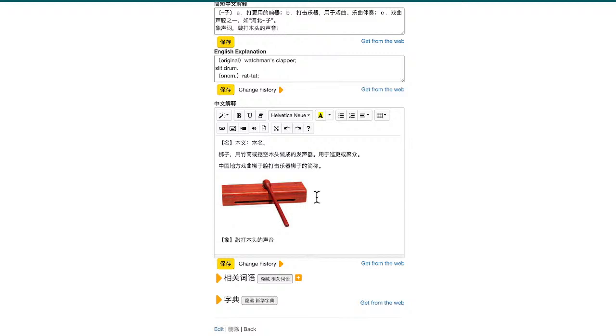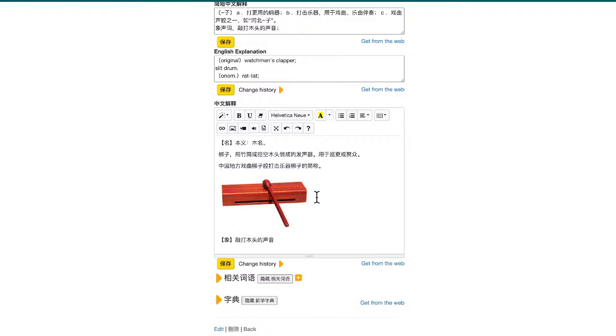So why is it a watchman's clapper? Because this is a job in the ancient times, where they watch the time. Remember I told you that in China, a day's time is divided into 12 sections.